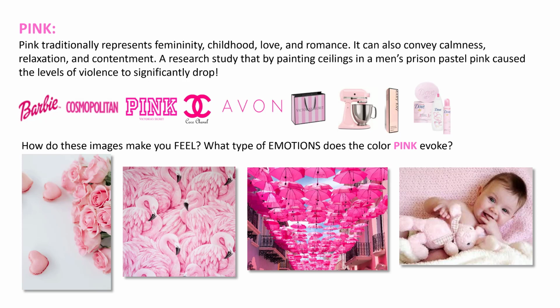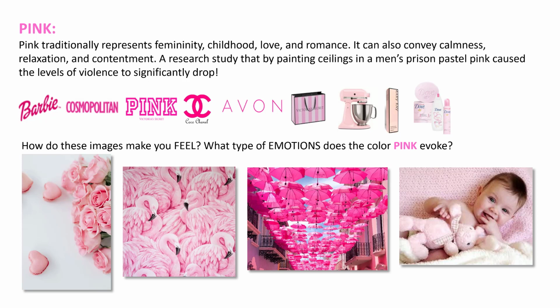Of course, flamingos are pink in nature, but think about if you saw that photo or that artwork and they made it orange or they made it lime green. Would you feel the same way about it? Probably not. That pink has a soft feeling to it that makes those feathers just look so beautiful.